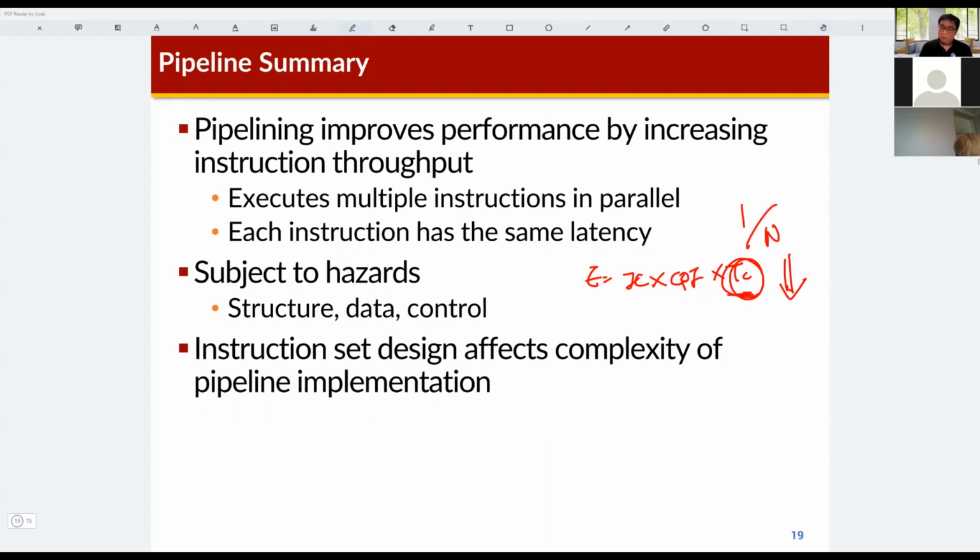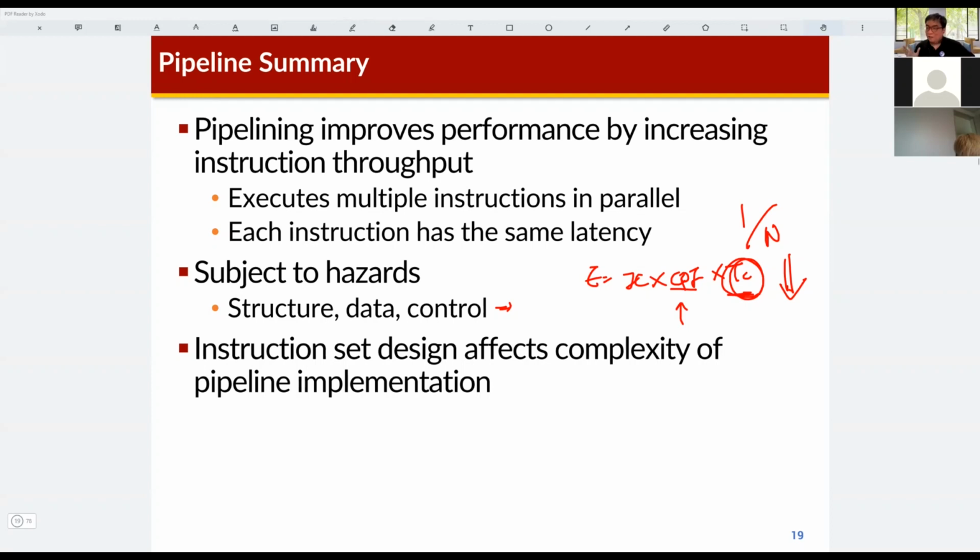But when the pipeline architecture is applied, clock cycles can be wasted due to hazards. There are 3 types of hazard: structure hazard, data hazard, and control hazard. Because of these hazards, CPI can be increased, which means the performance can be degraded.